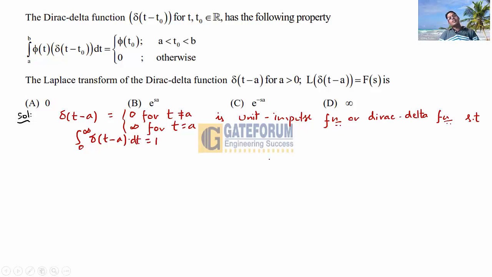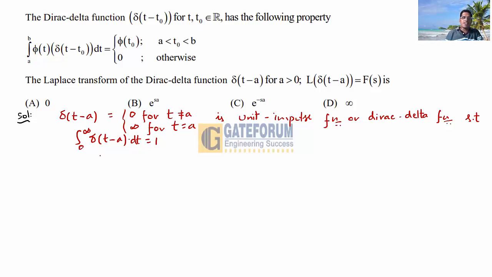It is the limiting form of f epsilon of t minus a. You can refer to BTech textbooks, standard books, for that limiting case. That is the unit impulse function. If large forces act on a small particle in a small interval of time, the product of force and time is called impulse, and the limiting form is called the unit impulse function.